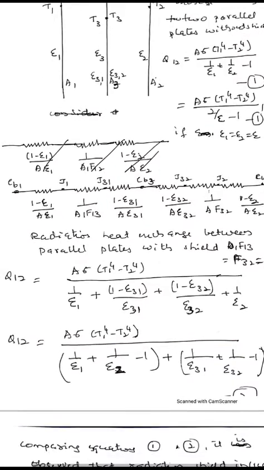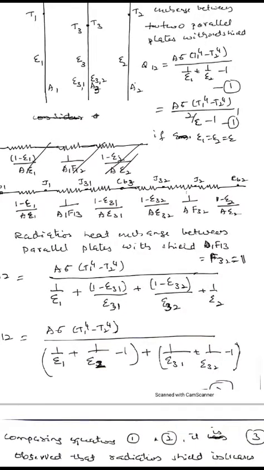This gives Q12 equal to A sigma (T1 raised to 4 minus T2 raised to 4) divided by (1 by epsilon 1 plus 1 by epsilon 2 minus 1 plus 1 by epsilon 31 plus 1 by epsilon 32 minus 1).